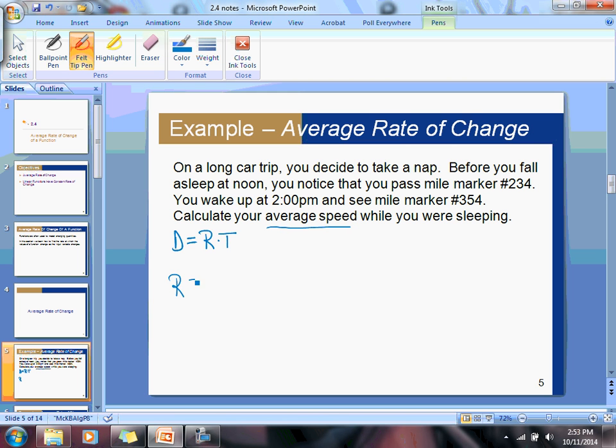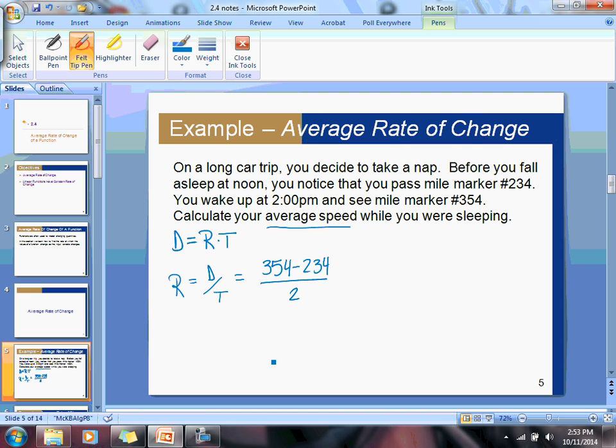If we're trying to find the average speed, that means we have to find r. So I'm going to solve this equation for r. That would be distance over time. And the distance is the distance between our mile markers, 354 minus 234. And the time: you fell asleep at noon, and then you woke up at 2 o'clock, so that's going to be 2 hours.